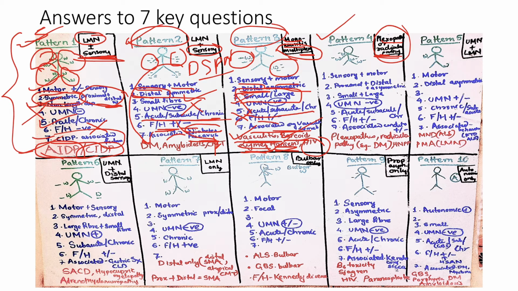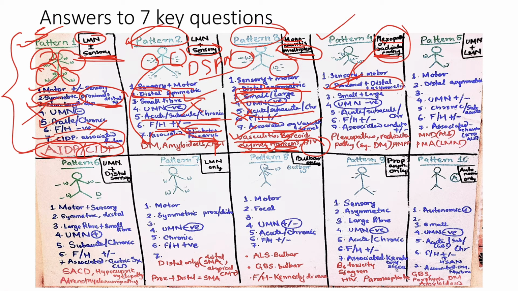As I had already told, the basic fundamental rule applies everywhere. Radicles, definitely it will be proximal and distal, but remember, since it is not a common pathology, it is asymmetrical. Demyelinating pathologies will be symmetric, but here in this case it is asymmetric.